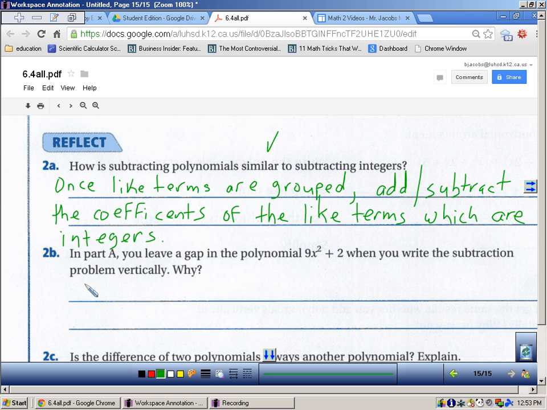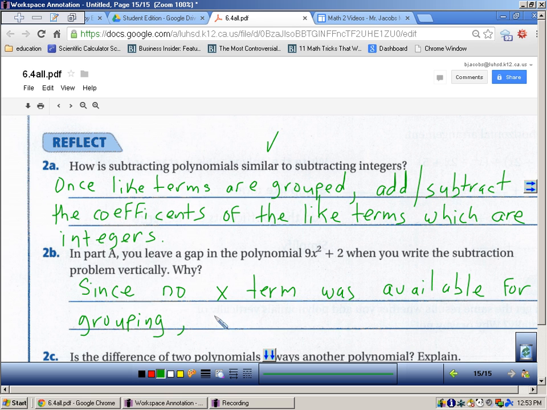So we'll write: since no x term was available for grouping, a space represented the 0x term.